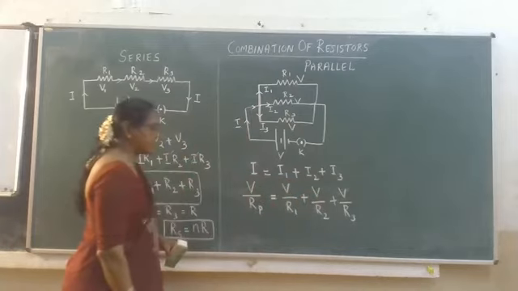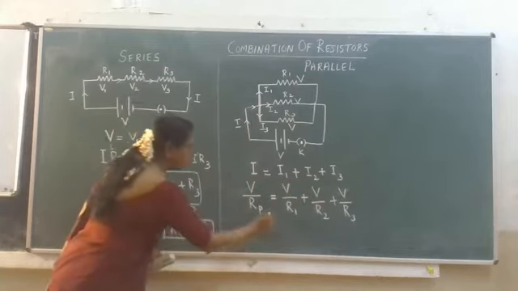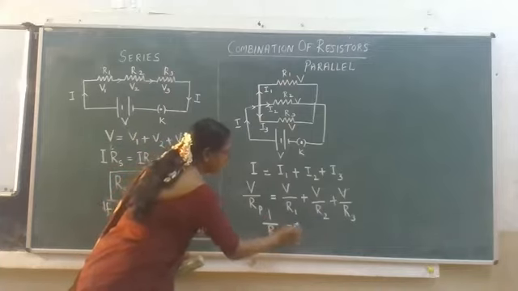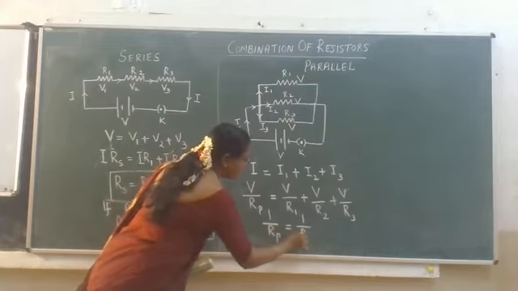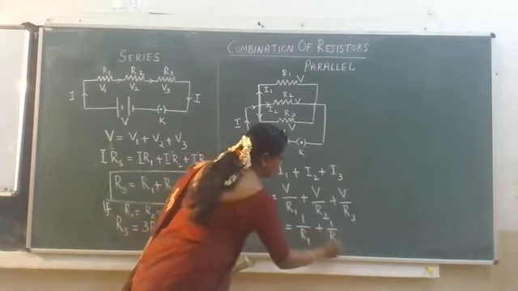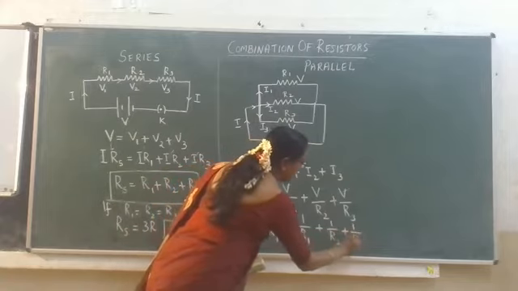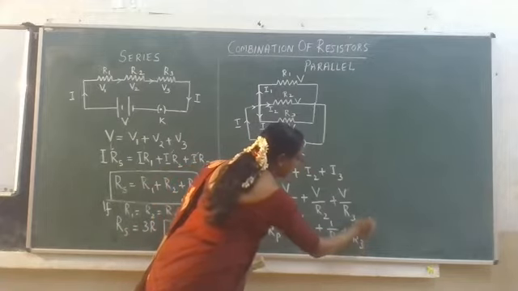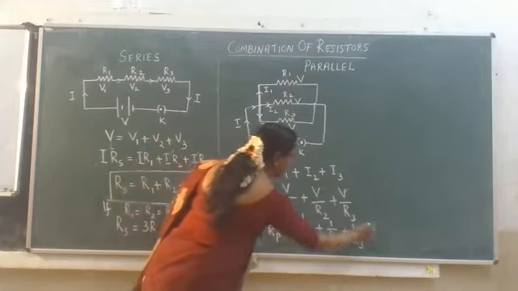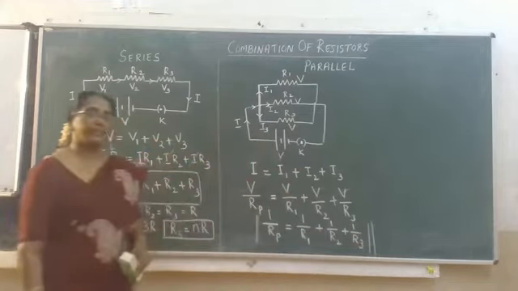So what will we get? 1 by Rp is equal to 1 by R1 plus 1 by R2 plus 1 by R3. This is the equation for the effective resistance of 3 resistors connected in parallel.